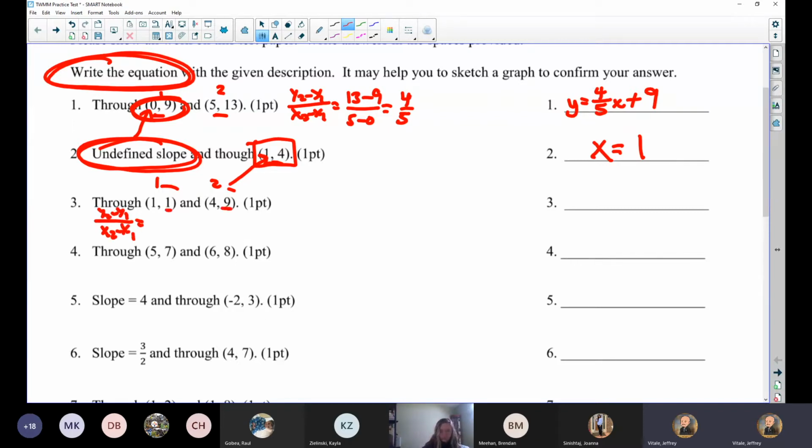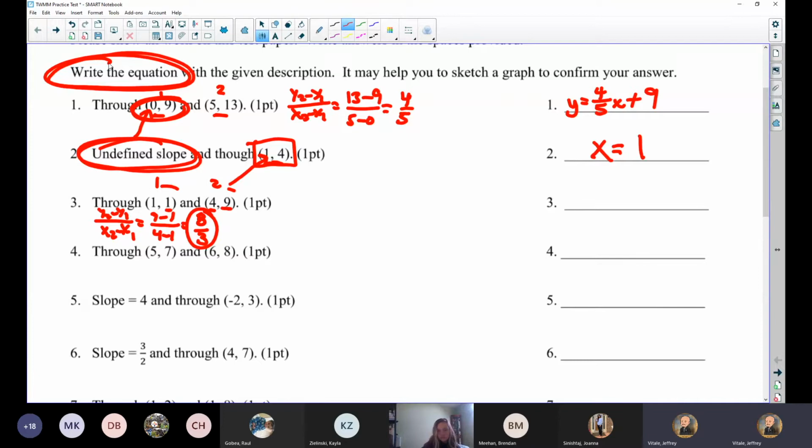So 9 minus 1 and 4 minus 1. Well, 9 minus 1 is 8 and 4 minus 1 is 3. So there's our slope.